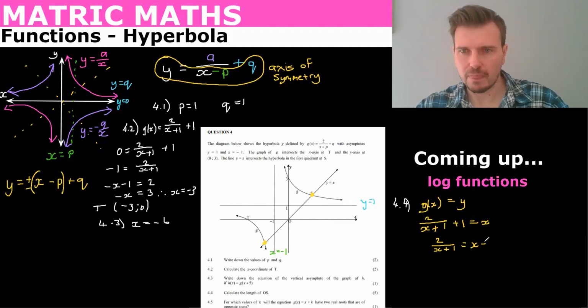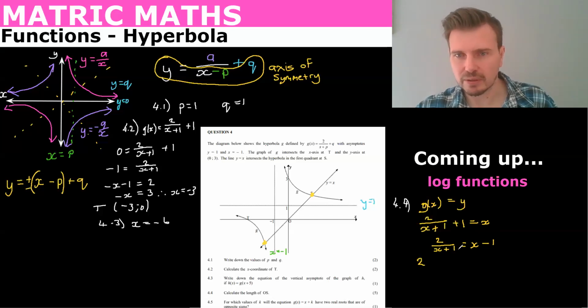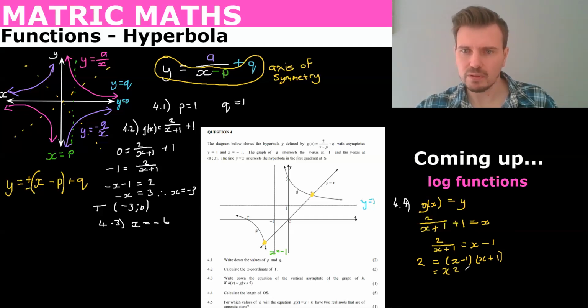Let's multiply both sides by x plus 1 so that we get rid of this x plus 1. So it becomes 2 equals x minus 1 times x plus 1, and so we get x squared minus 1, minus 1. That goes across and becomes minus 3.